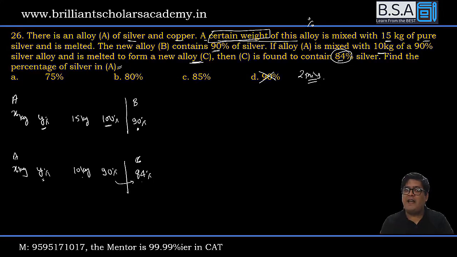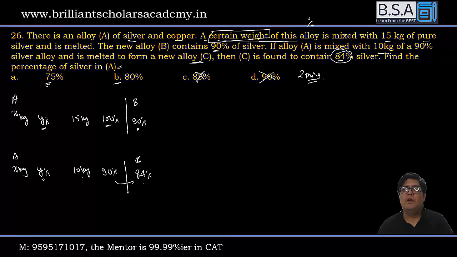That means Y needs to be below 84. Y must be below 84. So this option gets cut. The answer is either this or this. So the silver in A is either 80% or 75%. Now you can use the options to solve.